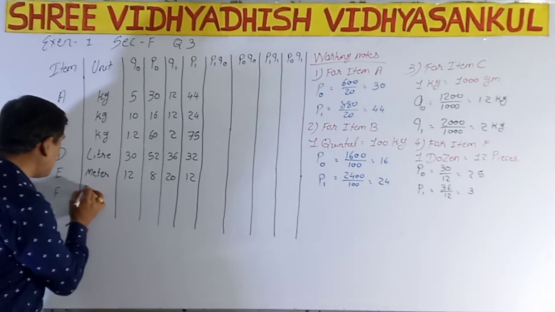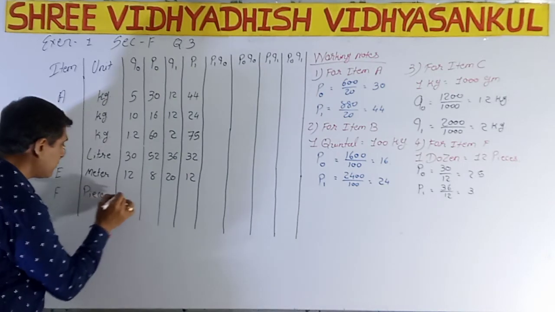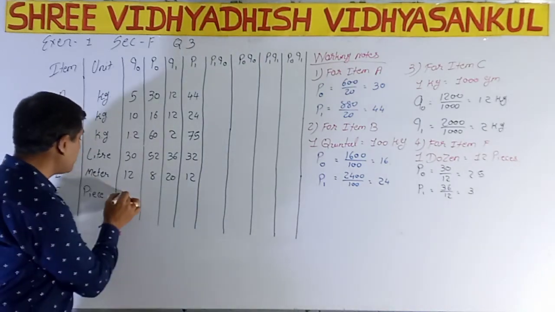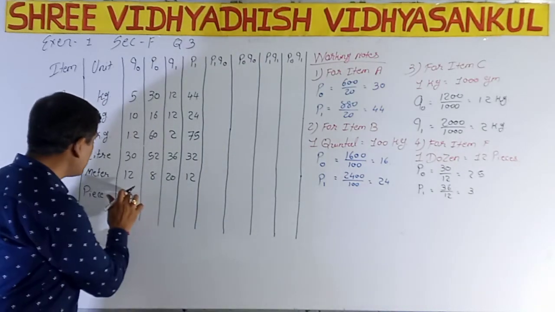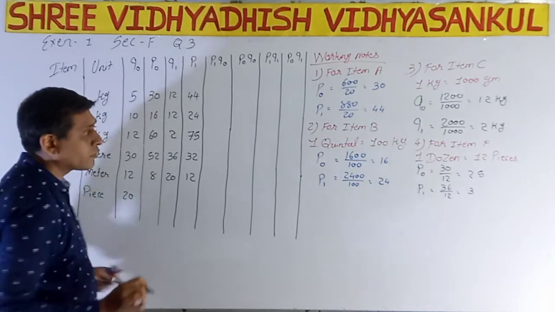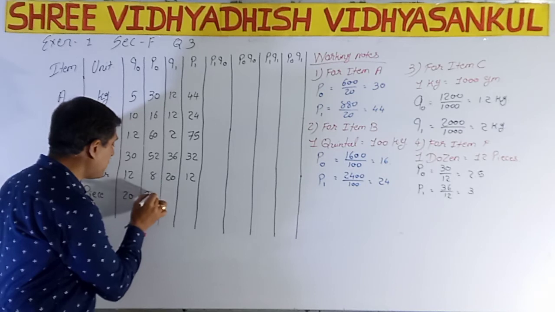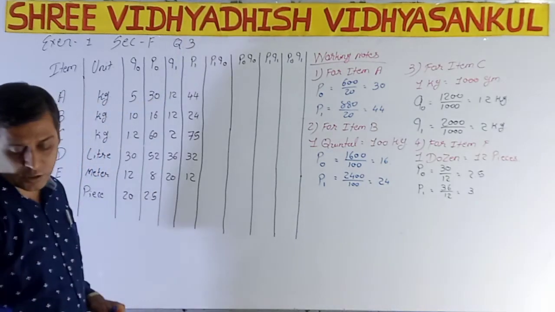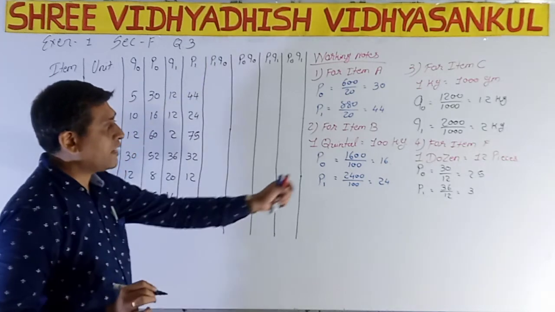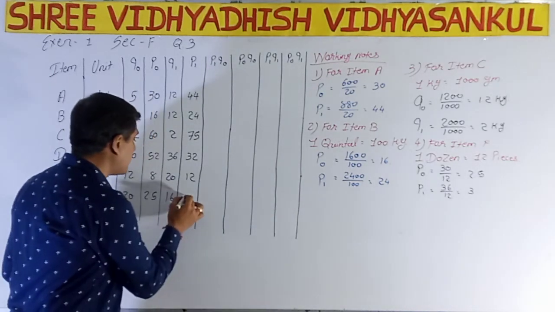So here I am writing piece. Quantity of base year is 20 pieces. What is the price of the base year? It is 2.5 per piece. Now what is the quantity of the current year? 16 pieces. And what is the price of the current year? That is 3 per piece.